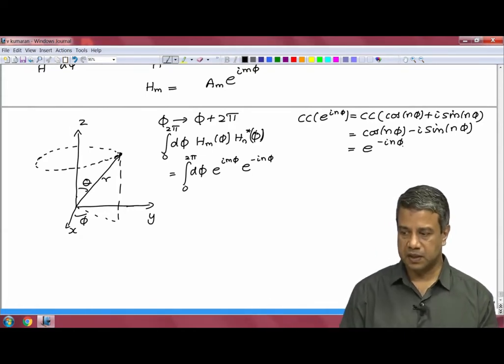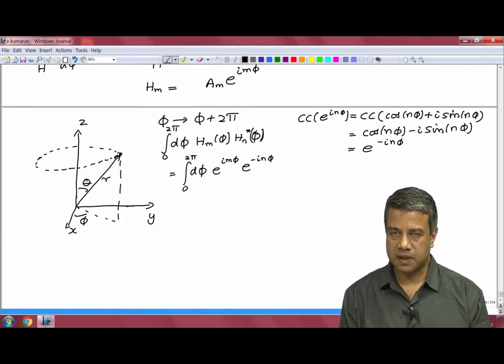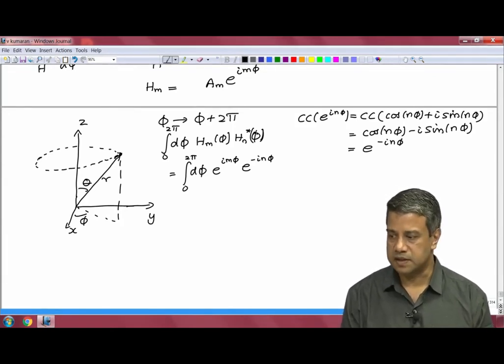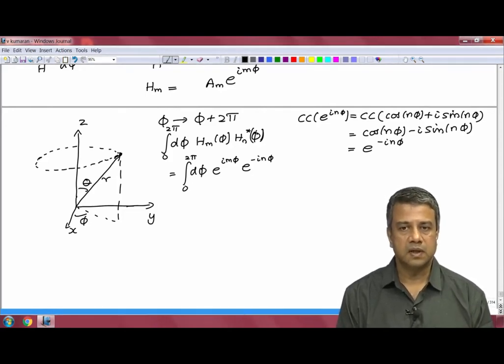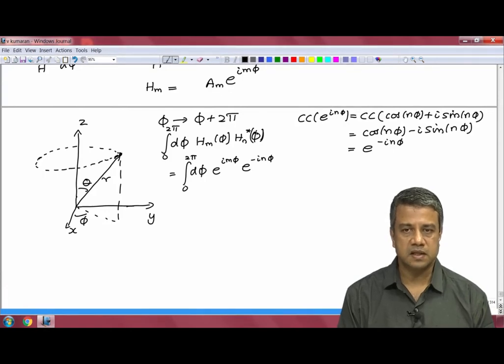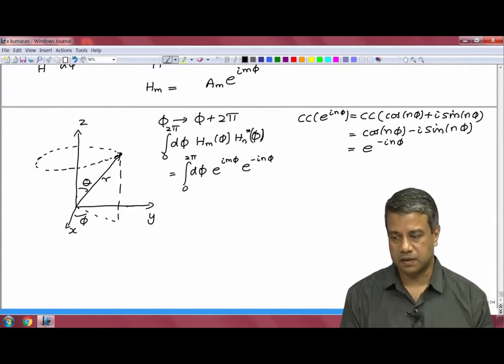So, the complex conjugate of e power I n phi, that is h n of phi, is just equal to e power minus I n phi. If you have a complex number, you can just get its conjugate by changing the sign of the square root of minus 1, or changing the sign of I in that complex number.